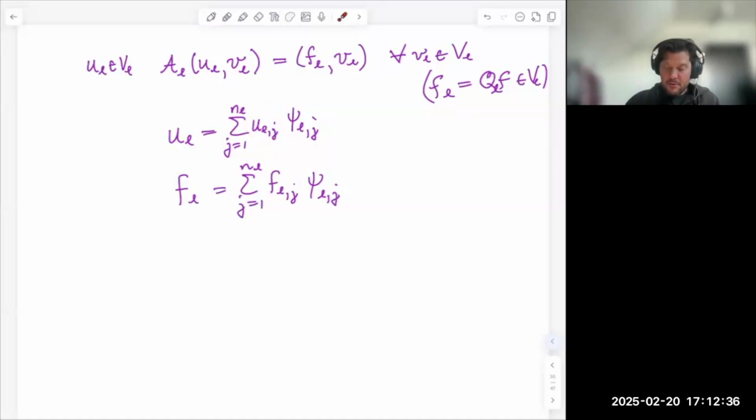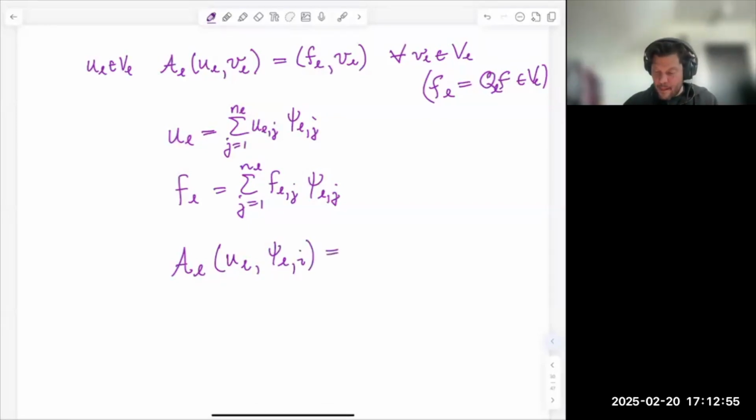Now, all I'm going to do is transform this problem into an equivalent one. This is true if and only if, because of linearity, I replace VL with the basis functions psi Li, for i between 1 and NL.